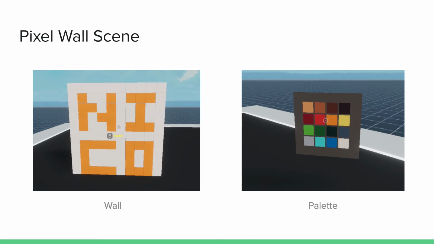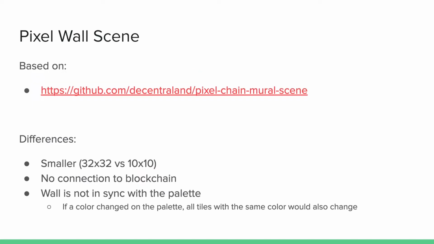I just want to mention a few things. First, we're going to use the message bus. This scene in particular is based on another example scene, the one that is actually used in the Pixel Chain Gallery. There are a few differences.